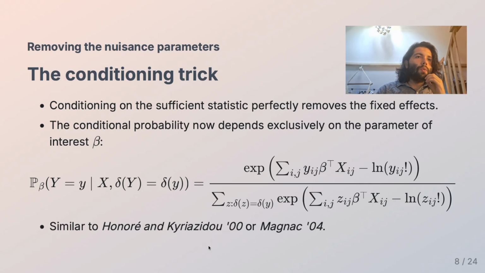So if we condition on the degree of y being equal to some given degree, the remainder does not depend on the fixed effects. So this is just a function of the structural parameter beta. This is a well-known trick, quite used in the literature.